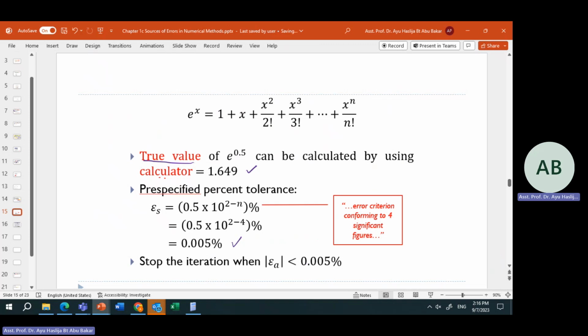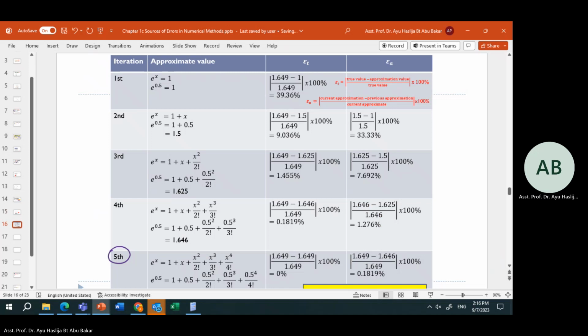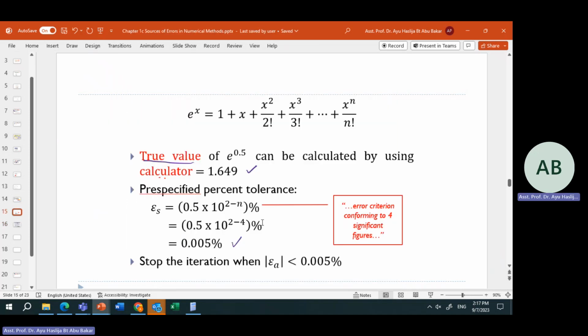Then how to proceed? Remember the equation just now, I copied the equation over here, much easier.